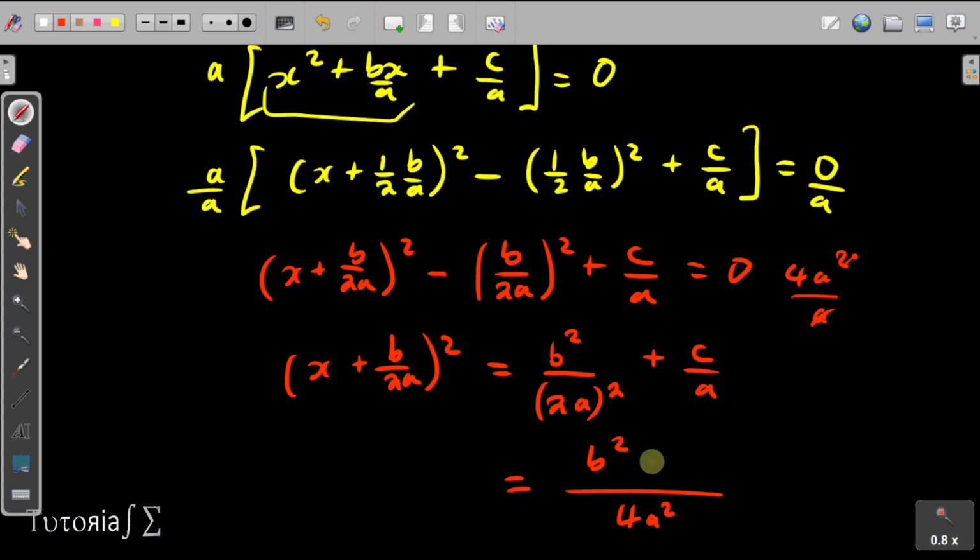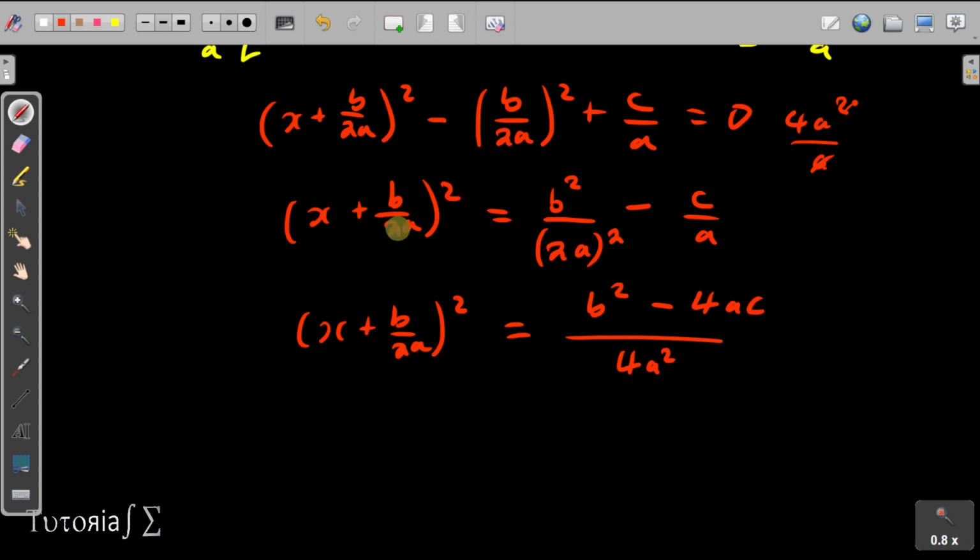Here this will be minus, because when the c goes there, it changes to minus. Apologies for that. This is positive c, when it goes on the other side of the equal sign, it will be minus. Then this into that will give us 4a, then 4a times that will be 4ac. Then this side we have x plus b over 2a squared.